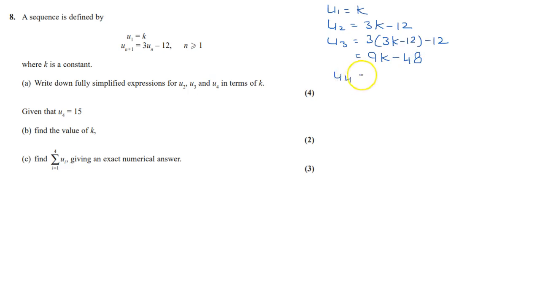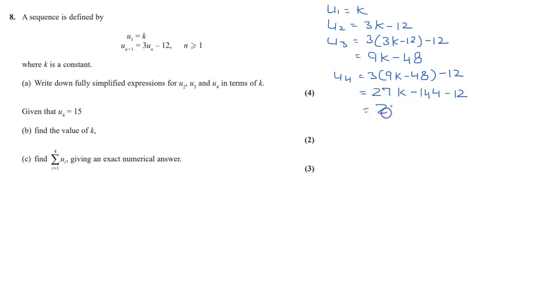And U4 will be 9k minus 48 minus 12. So it will be 27k minus 3 times 48, which is 144, minus 12.